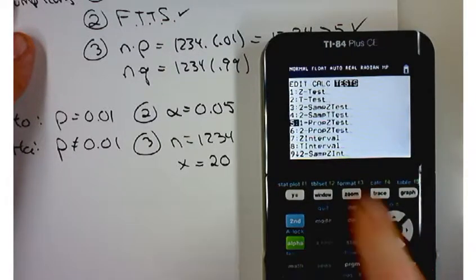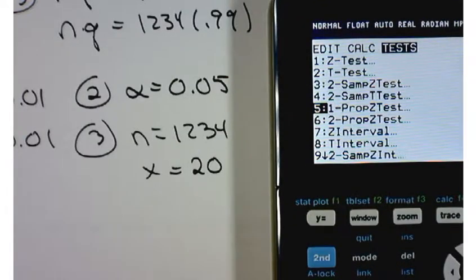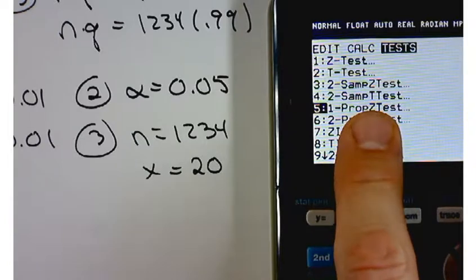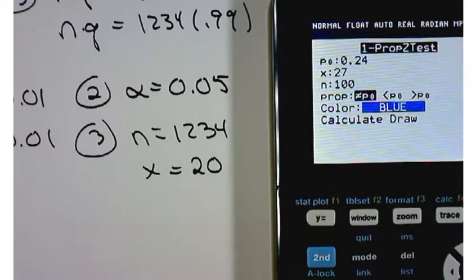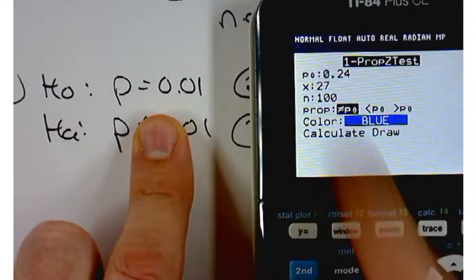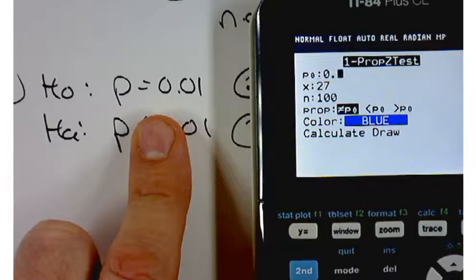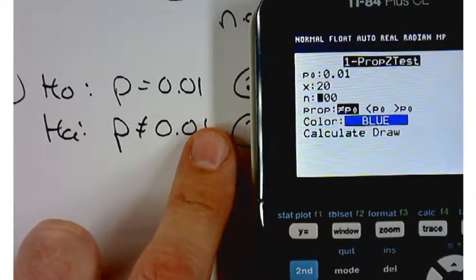We want a 1 proportion Z test. So it's the 5th option down from the Stat Tests menu. I'll select that. Now this is going to be 0.01. Number of successes was 20 out of 1234.